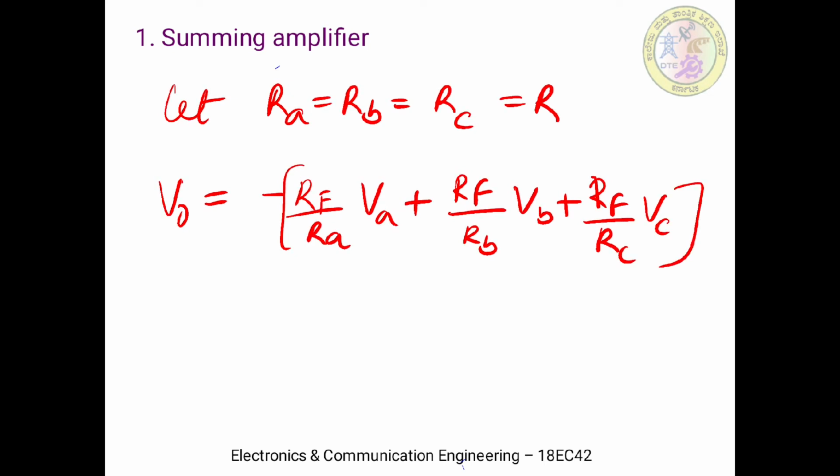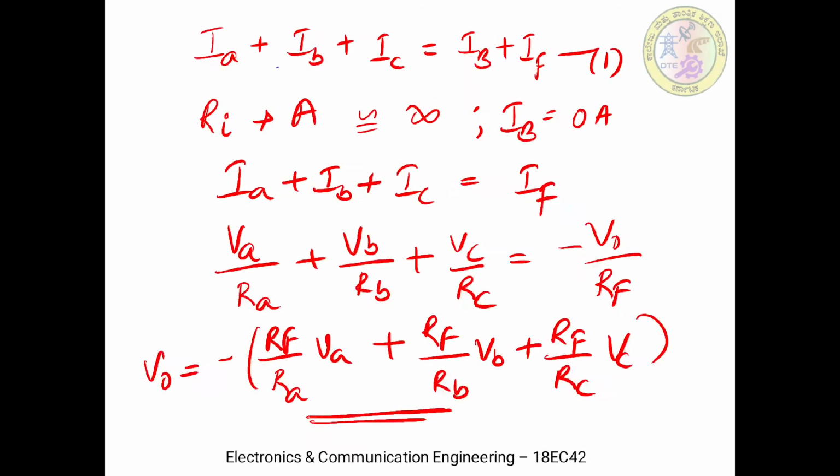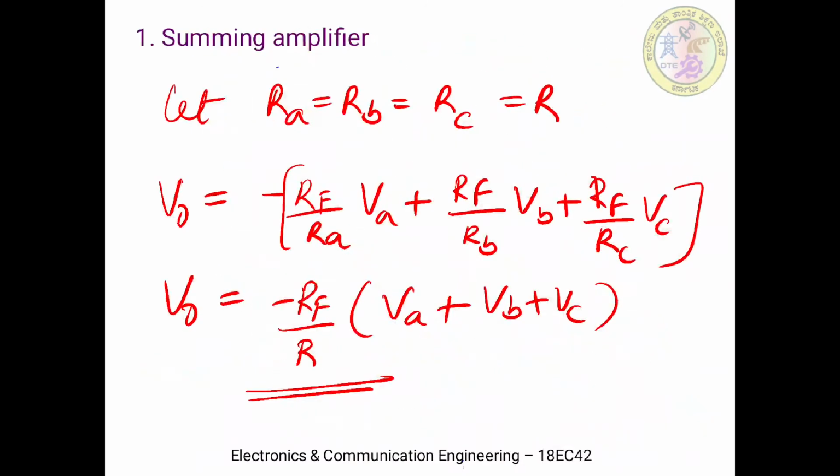Now in this expression we will substitute RA, RB, RC, all three resistors equal to R. When we substitute the resistor R, then RF by R is a common factor. So minus RF by R can be taken as a common factor, and remaining voltages are VA plus VB plus VC. We'll call this equation 2, and let us take this relation as equation 3.